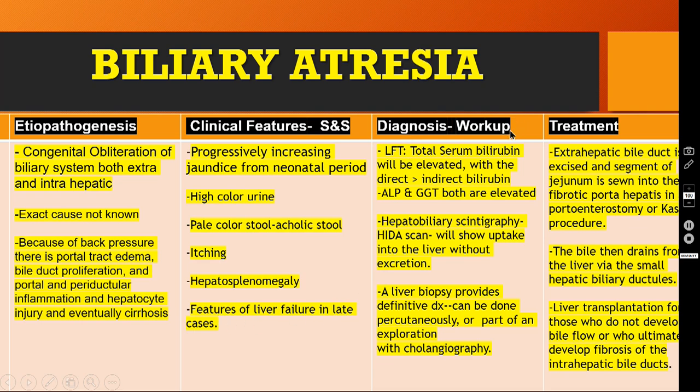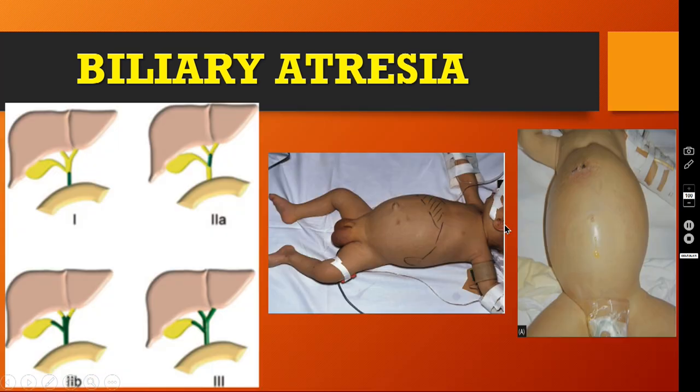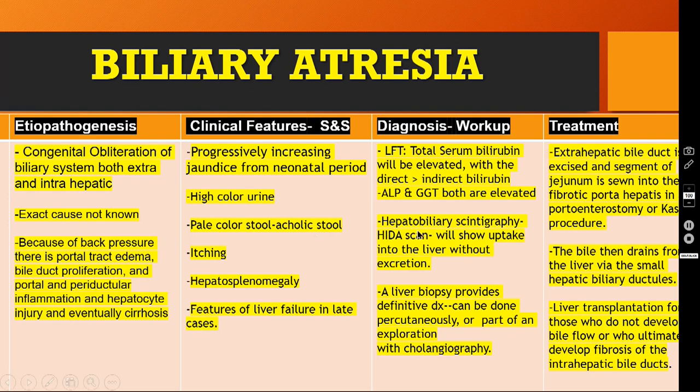For the diagnostic workup, again you can do LFT, where the total serum bilirubin will be elevated with direct more than indirect bilirubin. Both ALP and GGT are elevated, but the investigation of choice is hepatobiliary scintigraphy, also known as HIDA scan.